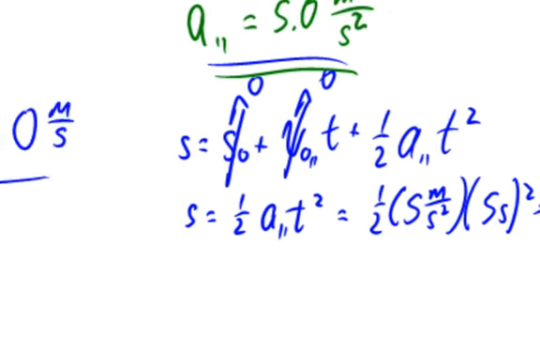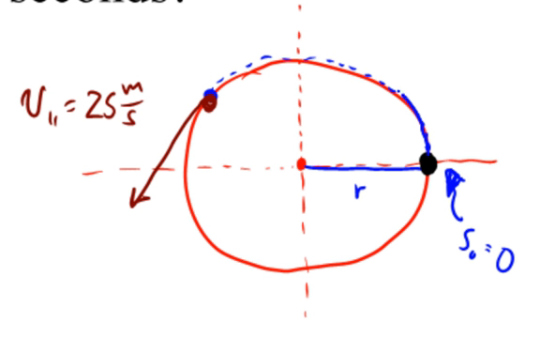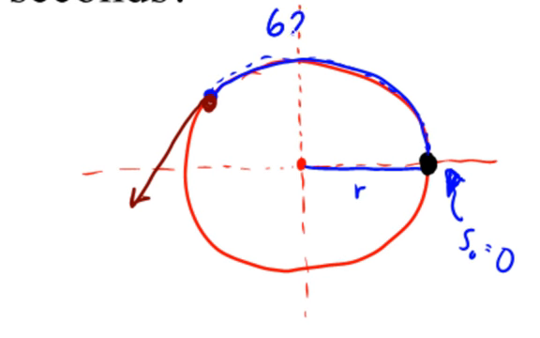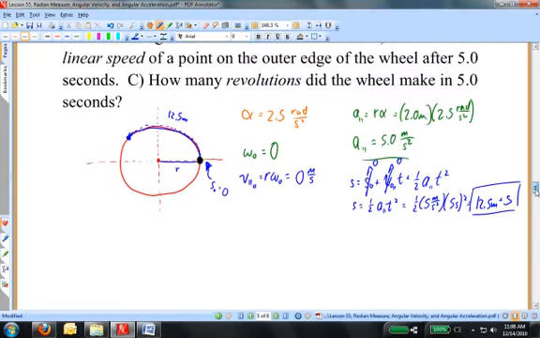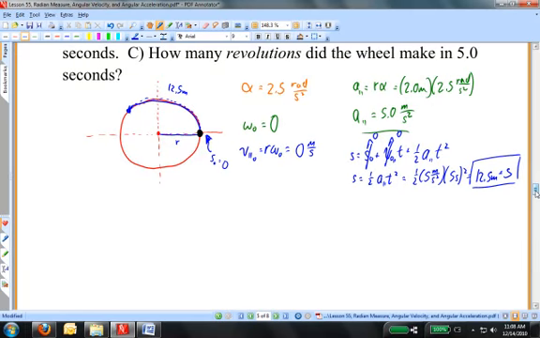And now here's what this means. As the object goes around the perimeter of the circle, let's say it ends up at this spot over here at the edge, then it travels a distance of 62.5 meters.